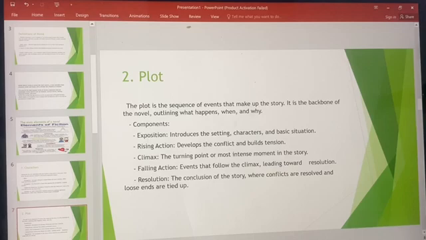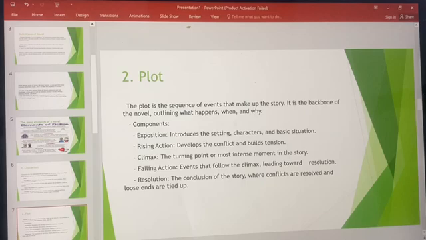The components of plot, first we have exposition, which introduces the setting, characters, and basic situation. Okay, we have rising action. Rising action develops the conflict and builds tension.